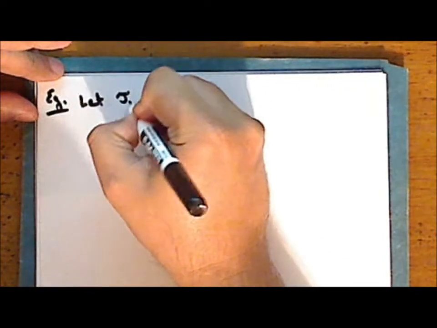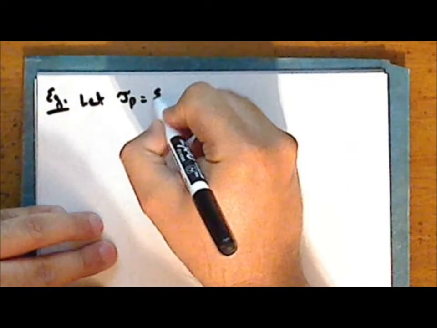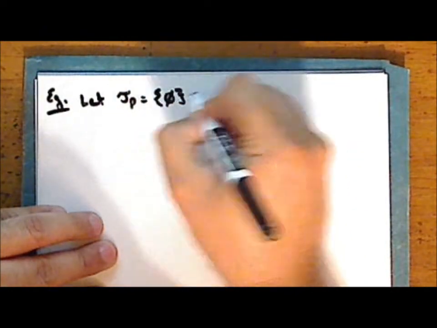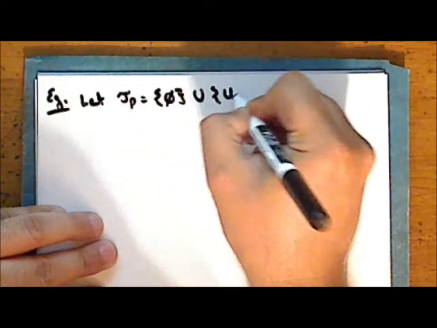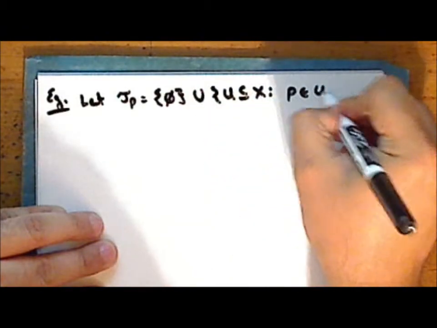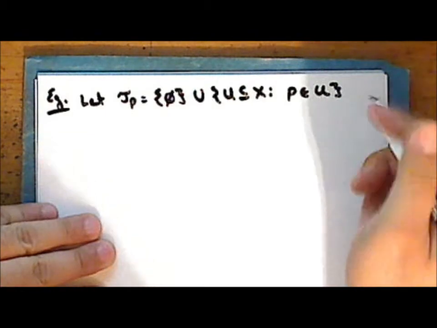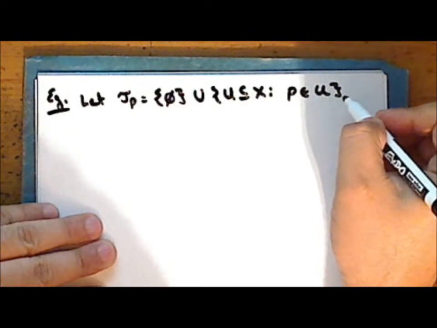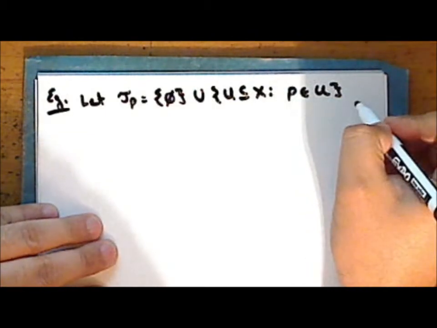So let tau sub P be the union of the set which contains the empty set together with all subsets of the set X such that the point P is in that subset. Then this is the particular point topology on the set X with P the particular point.